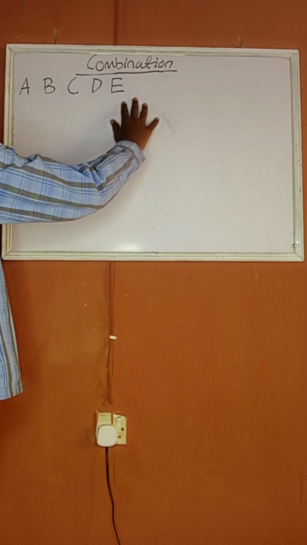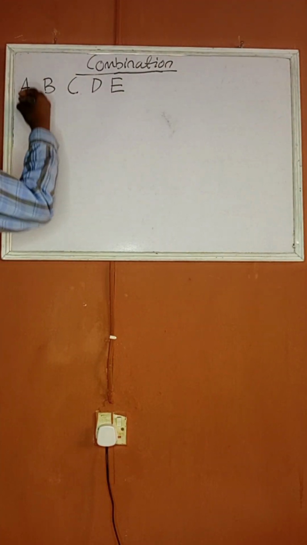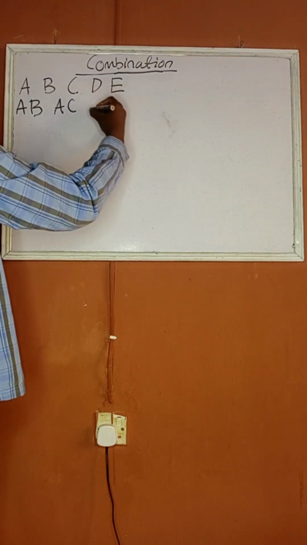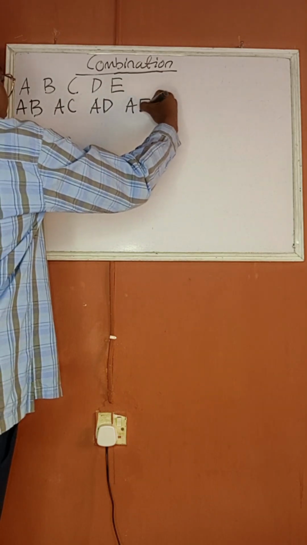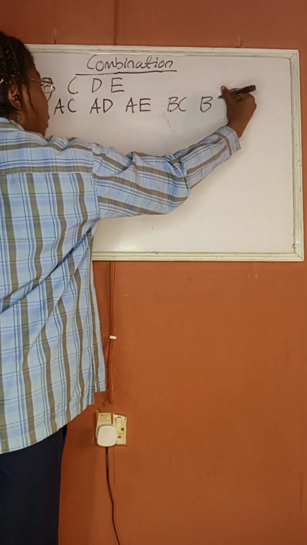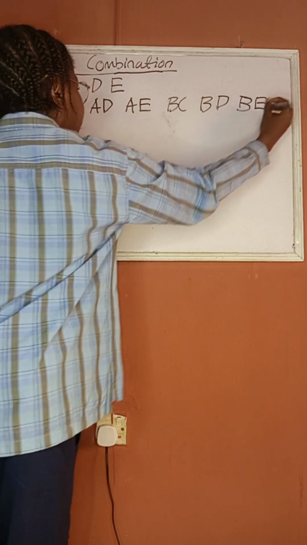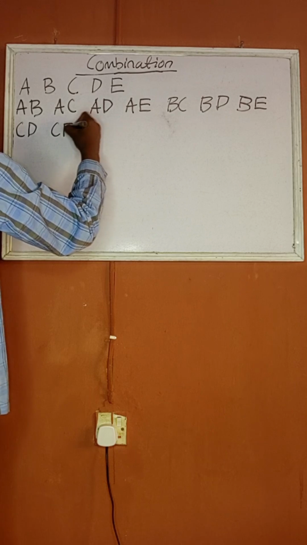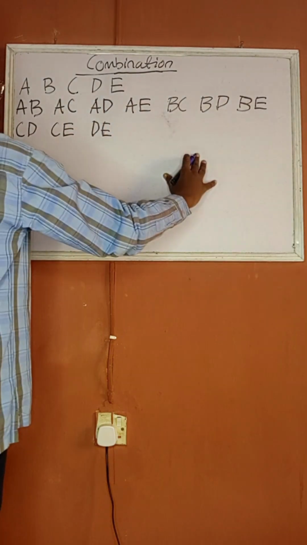So if we have these alphabets here and we have to arrange them two at a time, that means we are arranging them as AB, AC, AD, AE, BC, BD, BE, CD, CE, and DE. So these are the outcomes.